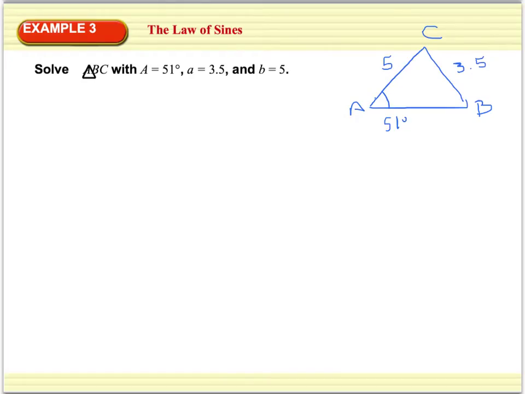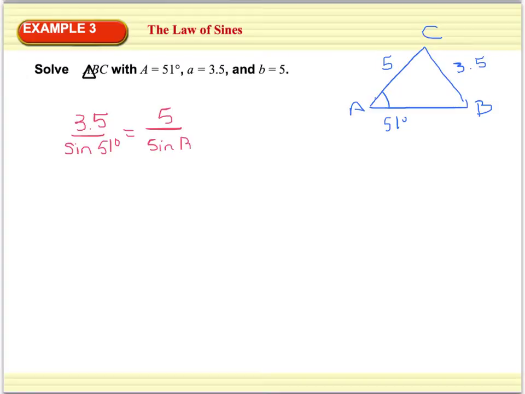For example 3, we want to solve triangle ABC with angle A at 51 degrees, side length A at 3.5, and side length B equal to 5. Now again, I'm just going to set up my ratios. I'm given angle A and side length A, so I'm going to set this up as 3.5 divided by the sine of 51 degrees is equal to, I'm only given side length B, so that means I have to find angle B then.